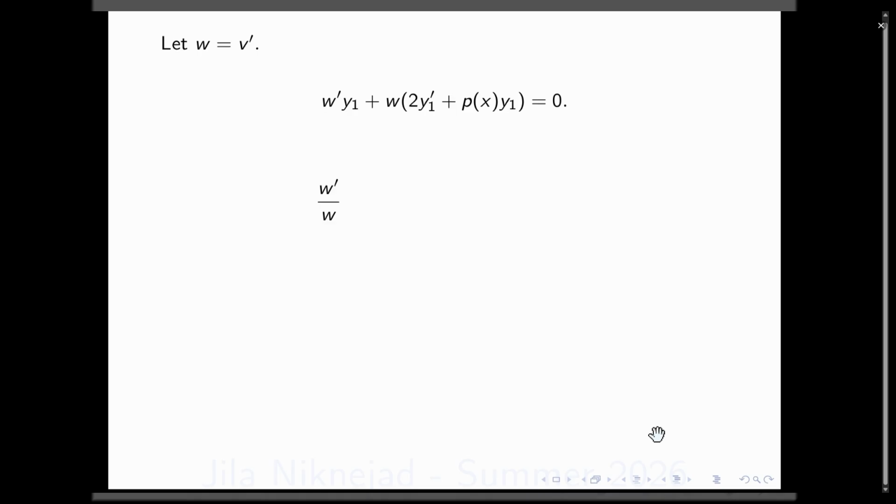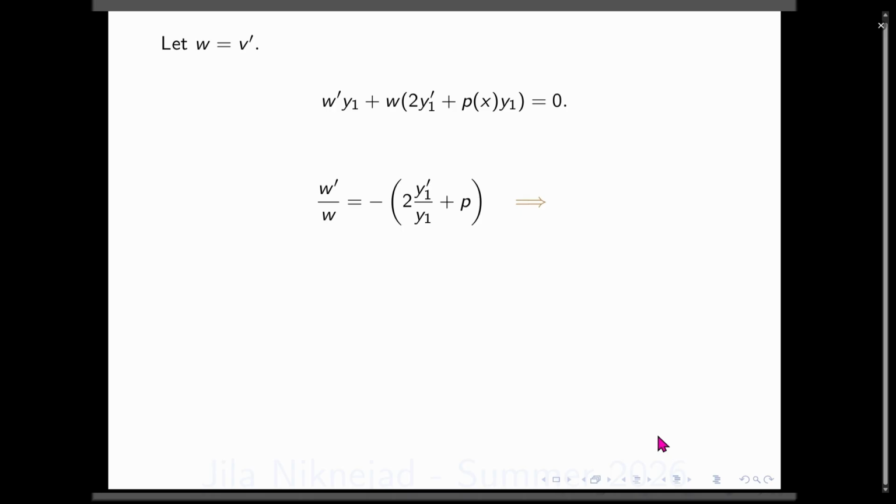Incidentally, it can be solved using either linear equation methods or separable equations. So we're going to solve it as a separable equation, which gives us w'/w = -(2y1'/y1 + p).